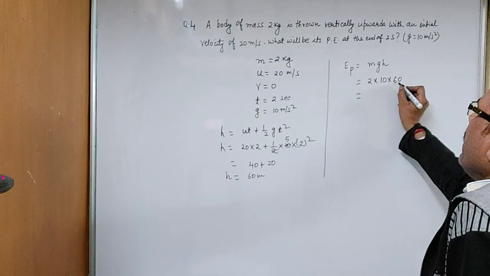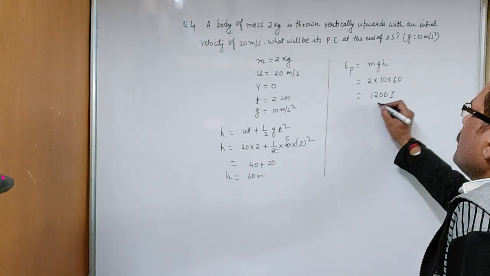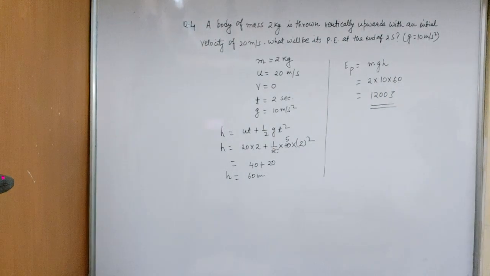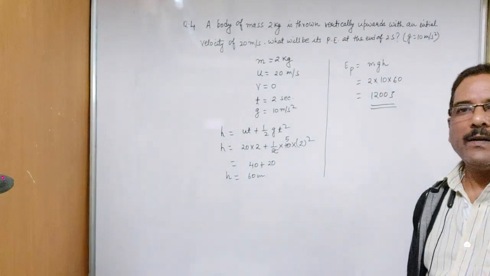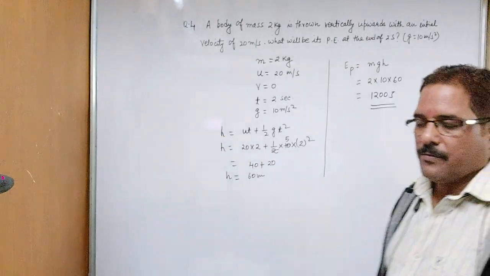So 600 into 2, so 1200 joule. So this is another type of question. So you can get different types of questions. That's why I am solving the possible questions which can be asked.